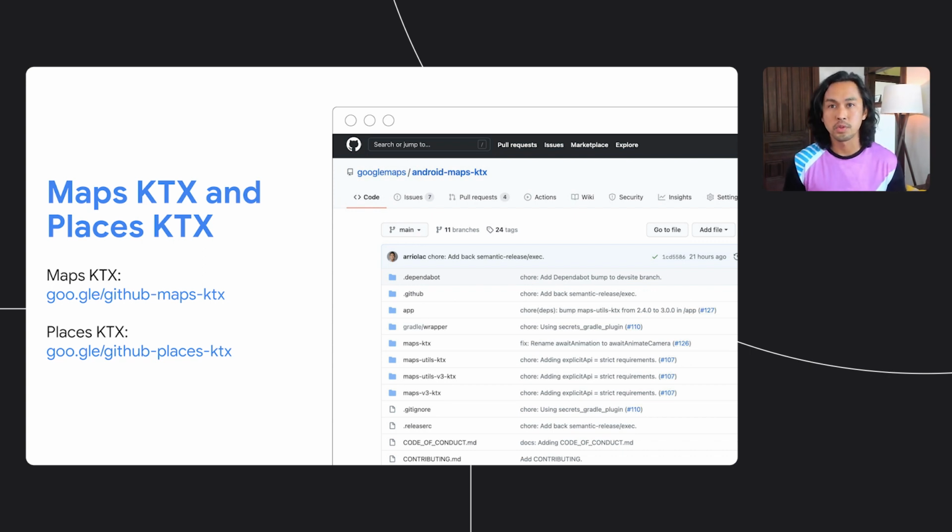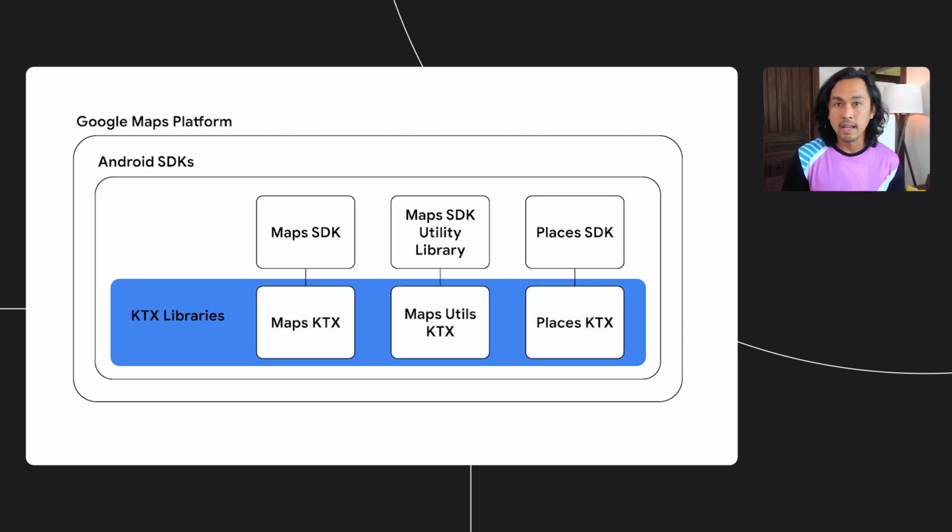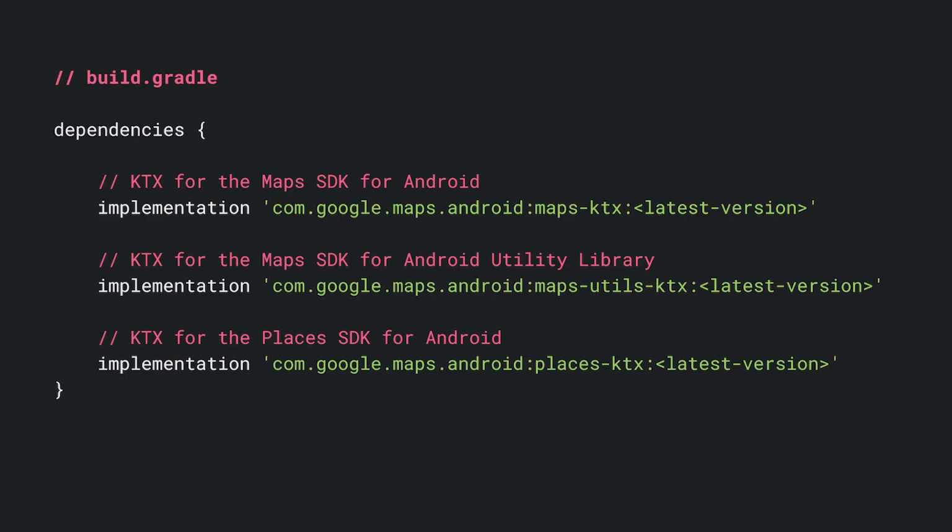The GitHub pages for these libraries are shown here and also linked on the description of this video. Each Google Maps Platform Android SDK, including the Maps utility library, has a corresponding KTX library. To start using these libraries, add the Maps KTX, Maps Utils KTX, or Places KTX to your app-level build.gradle file. Make sure to check the GitHub pages to find the latest version.